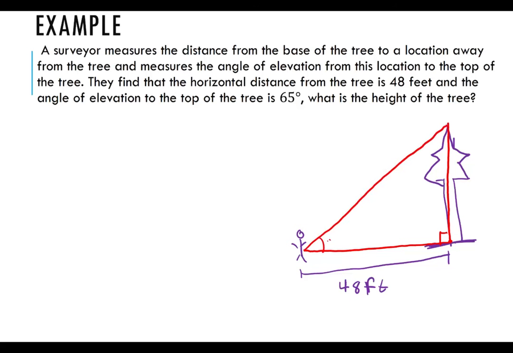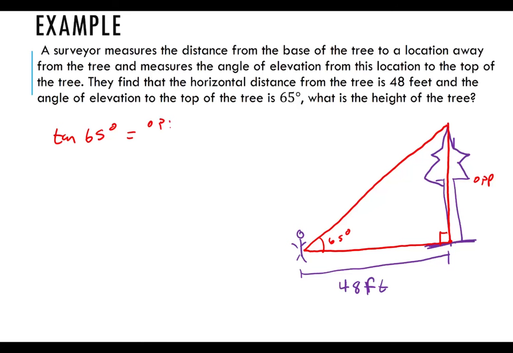And so this is the theta that we're given. Specifically, that angle measurement is 65 degrees, and the base of that triangle is 48 feet. If we want to know the height of the tree, since we have this angle 65, this is really the opposite side, right? And so with adjacent and opposite, tangent of 65 degrees is the opposite side over the adjacent side.